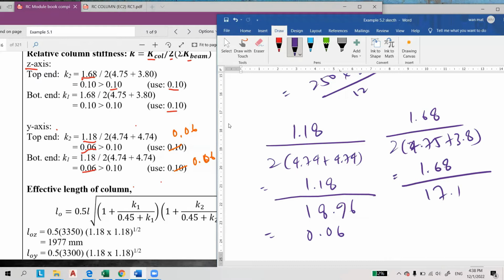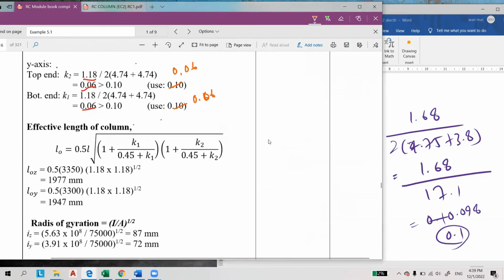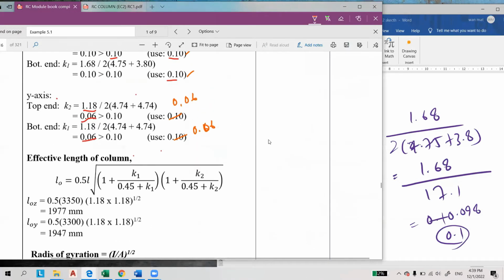So 1.68 divided by this one, okay, this one is rounded up. Actually it is 0.098, so round up to 0.1. So you can use 0.1 here for the y-axis. Maybe you have to recheck this value, whether the K1, K2 is right or not. I think it's okay, because it should be similar.